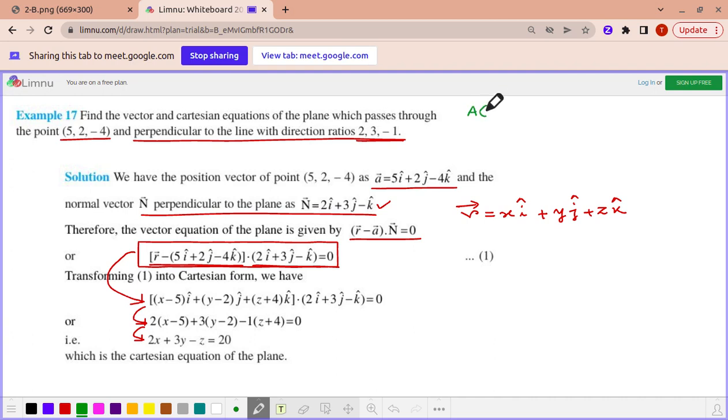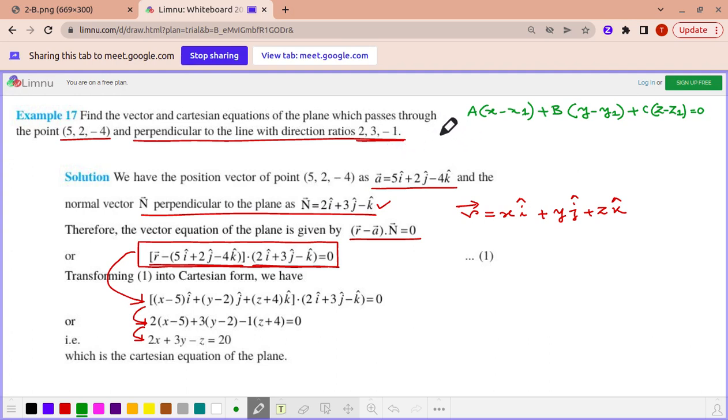Capital A into (x minus x1) plus capital B into (y minus y1) plus capital C into (z minus z1) is equal to 0. So according to our question, x1, y1, z1 is nothing but 5, 2, minus 4, and capital A, capital B, capital C is nothing but 2, 3, minus 1.